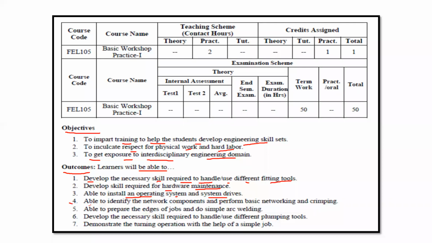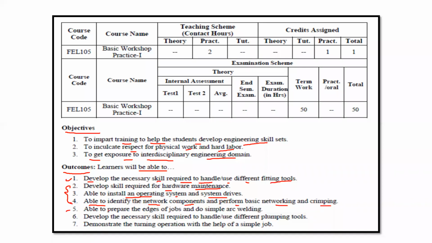Fourth outcome, able to identify the network components and perform basic networking and crimping. This is about LAN connections and networking, again from the computer workshop. So these three outcomes are from the computer workshop. The first is from the fitting workshop.